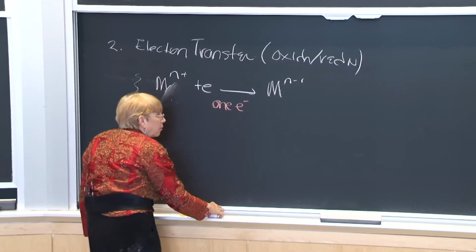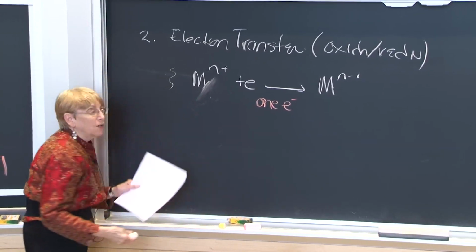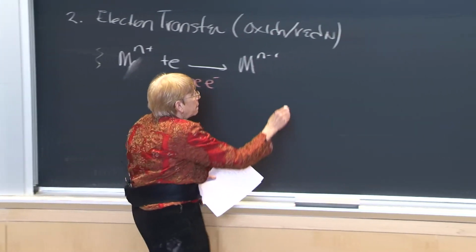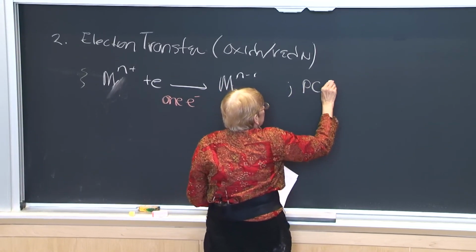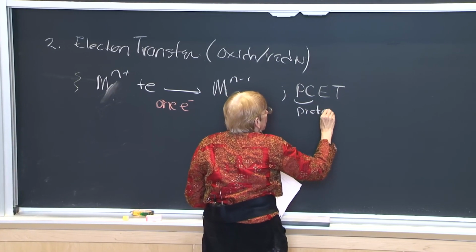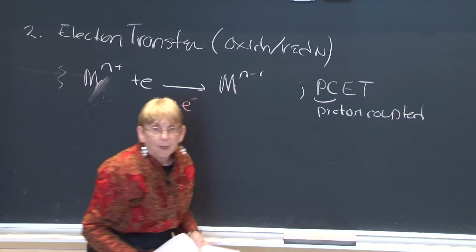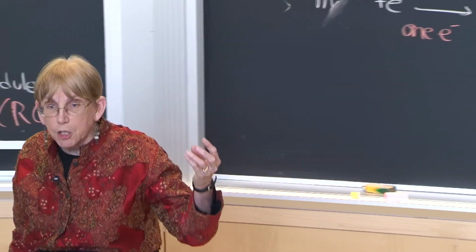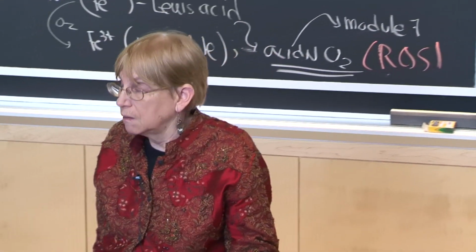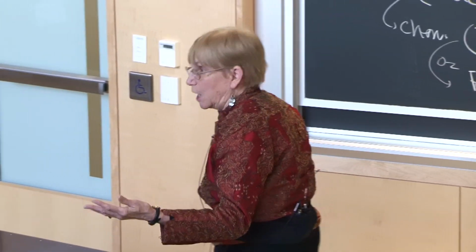And if you have other things, we could have proton coupled electron transfer. So PCET is proton coupled electron transfer. And remember, we just saw the example of nitrogen getting reduced to ammonia. You're doing an 8 electron reduction, but you've got to have protons.